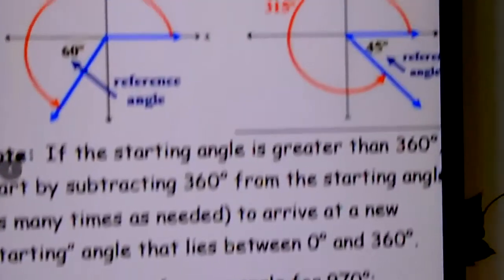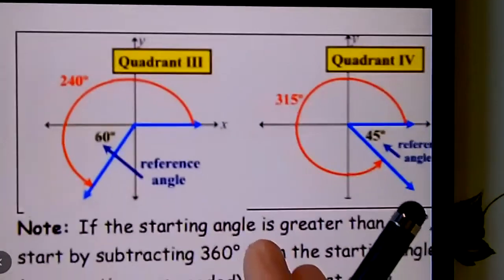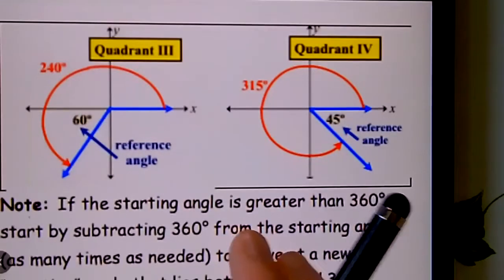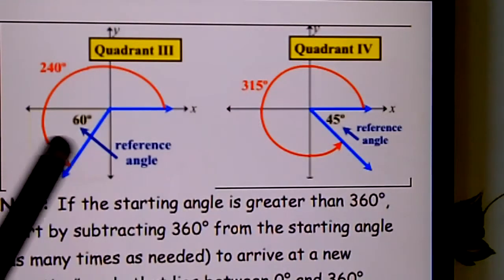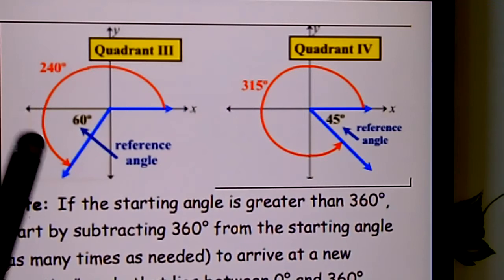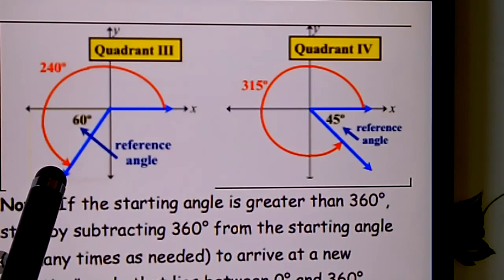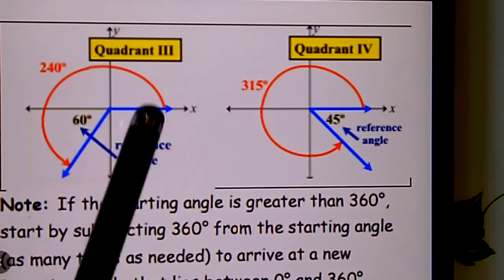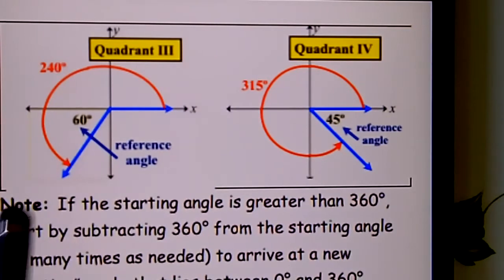Similar idea if I'm looking at these. If I went 240 degrees, I am still 60 degrees below the x-axis, because this is 180 and 180 taken off from 240 is going to be 60. So you're always concerned how far above and how far below the x-axis you are. So 240 degrees would have 60 as its reference.